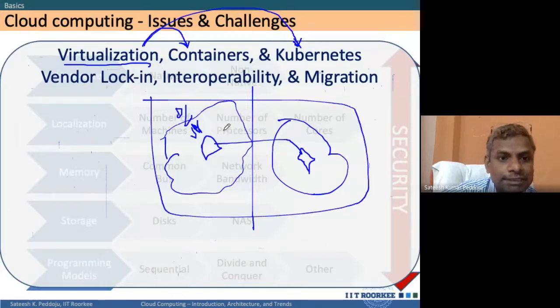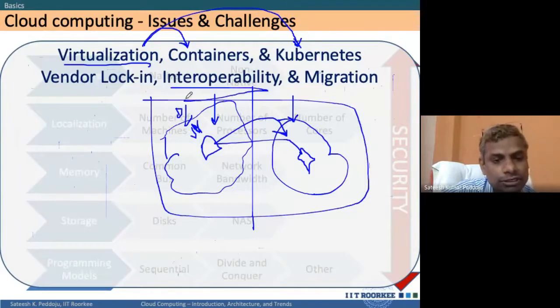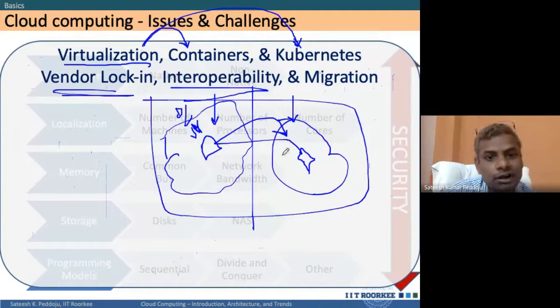The problem is that some features this cloud provider offers may not work with this other cloud provider when I move this application to it. That's the problem of interoperability. That's also the problem of vendor lock-in, where the features are locked in such a way that they can work only with a particular cloud provider.